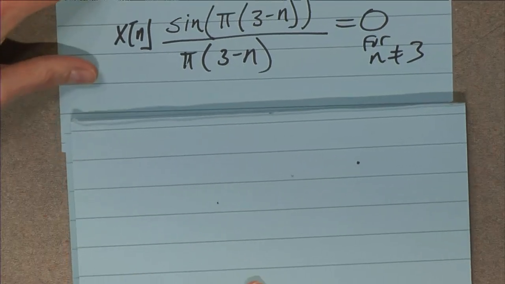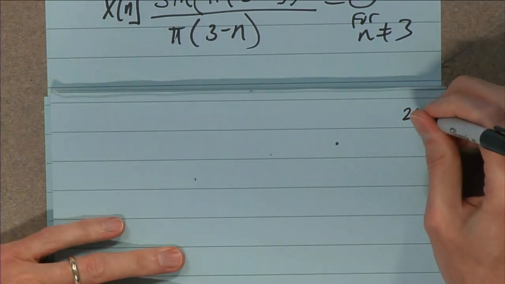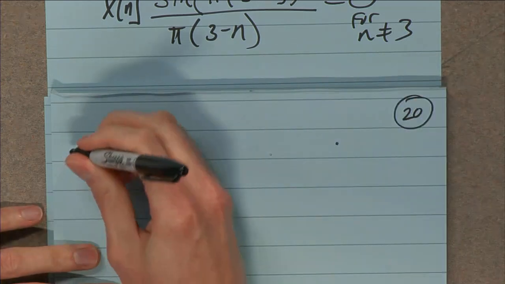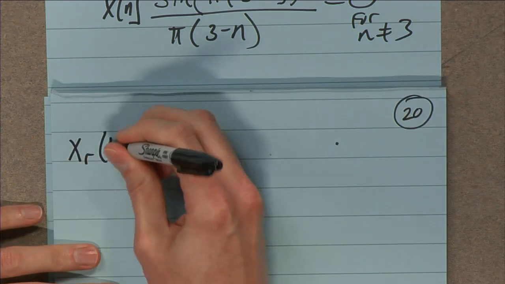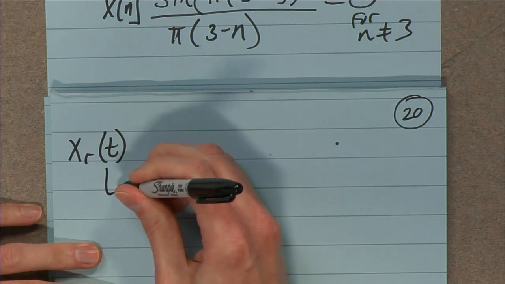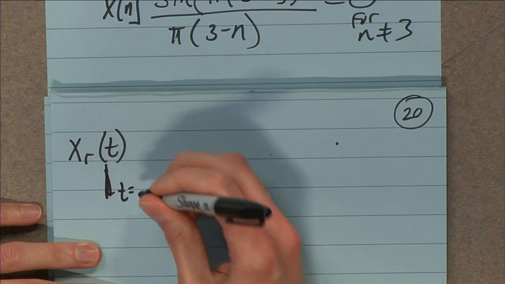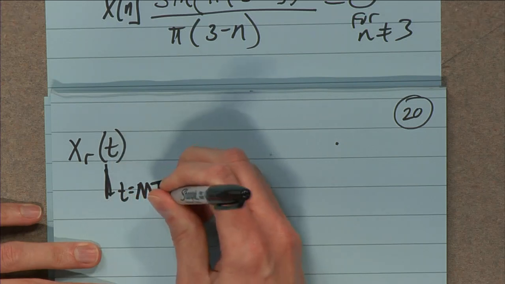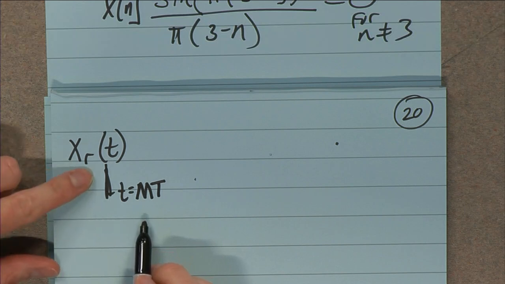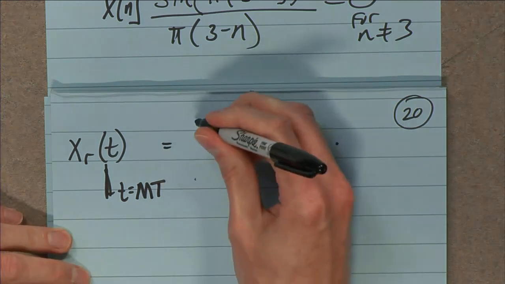So let's put this together and sum up what we just found. The reconstructed signal x_r(t), which is an infinite summation of those sinc functions, when t is evaluated at some capital MT, so at some integer multiple of the sampling period, what are we getting back?